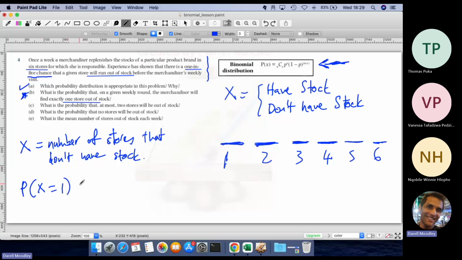Now we're going to use this formula. This is where this formula comes in. I'll write it a bit bigger so you can see it. It's the probability of X equals nCx times p to the x.